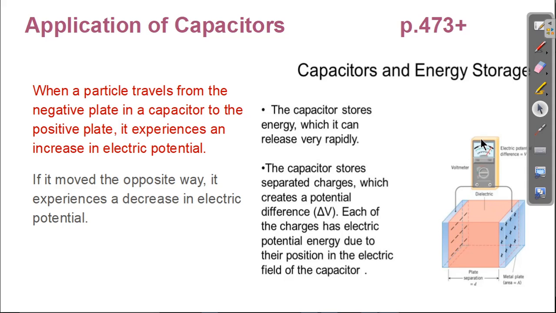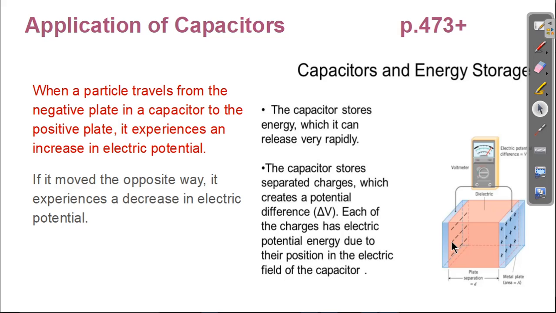And this apparatus right here, a voltmeter, can tell you how much electrical potential you have here. But it says, when a particle travels from the negative plate, so we're traveling from here to here, we're going to say that there is an increase in electrical potential. If it's going the other way, from here to here, then there's a decrease in electrical potential.